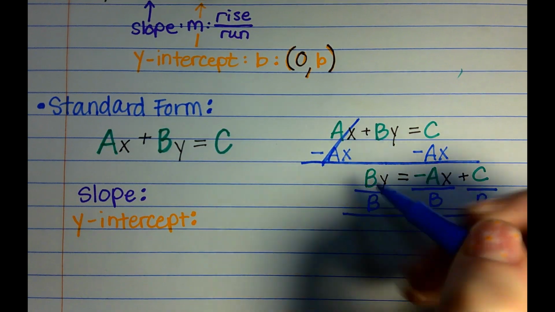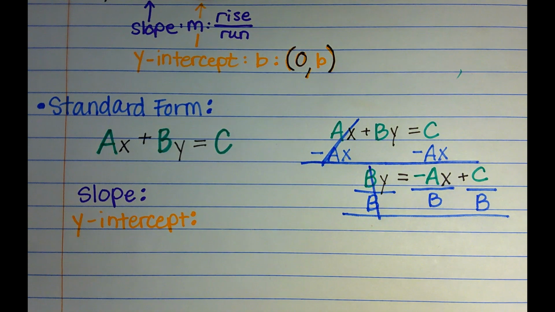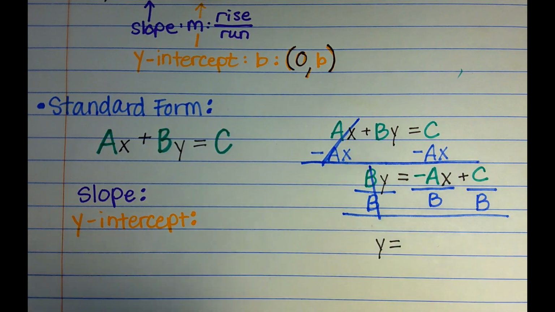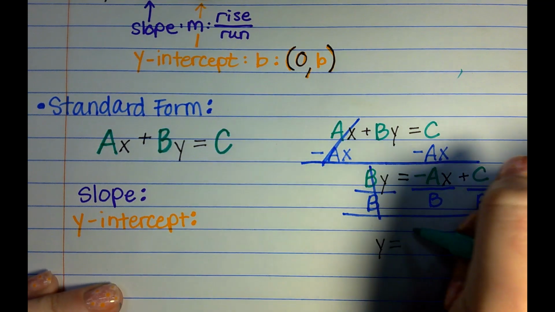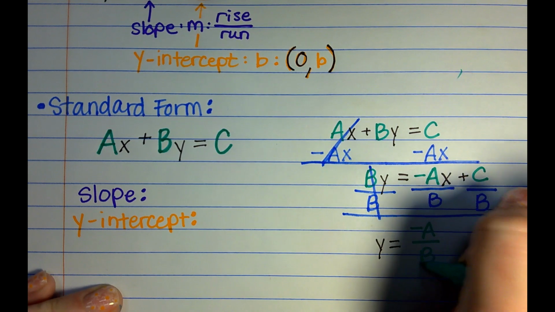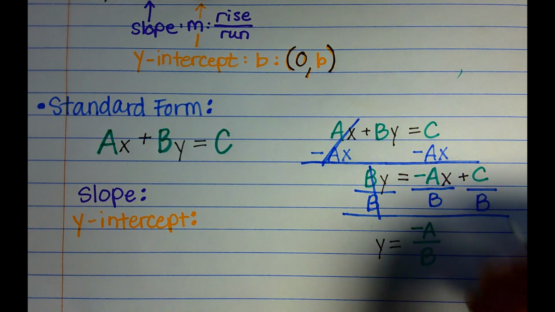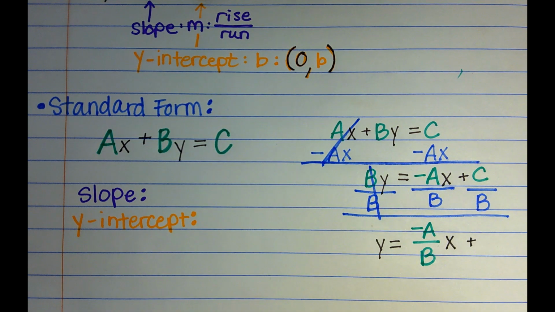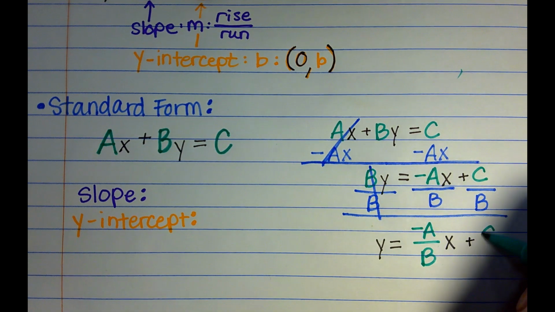Our b's cancel out, and we're left with y equals negative a over b x plus c over b.